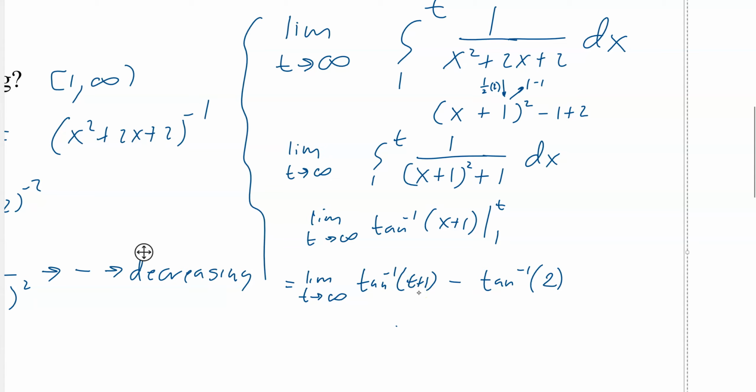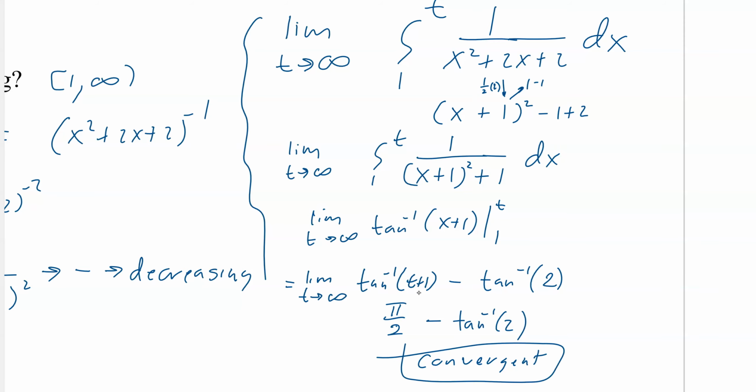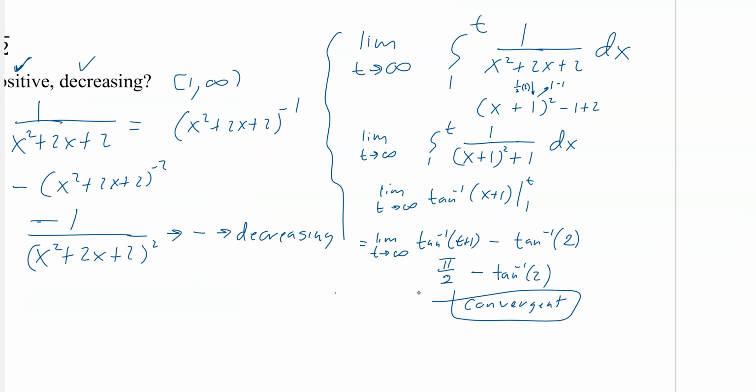So this would become pi over 2 minus inverse tangent of 2, which means convergent. So that means our series from n equals 1 to infinity of 1 over n squared plus 2n plus 2 is convergent by the integral test.